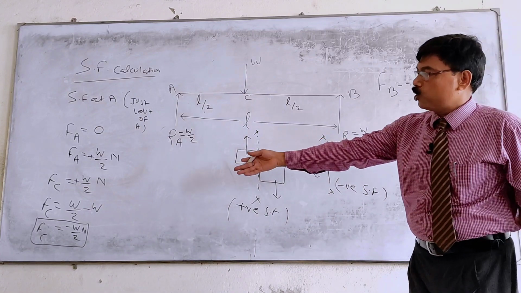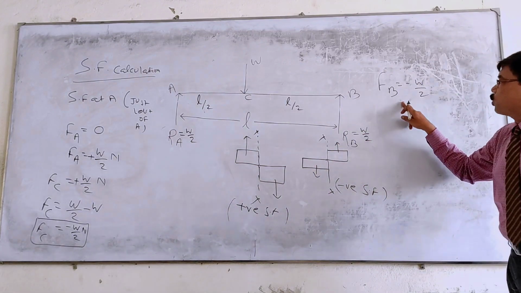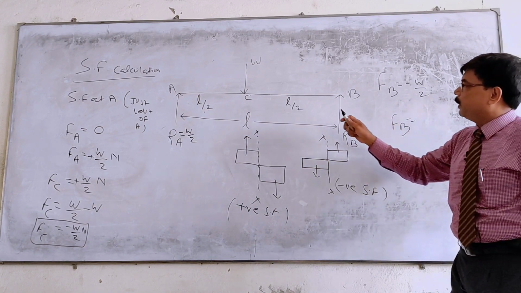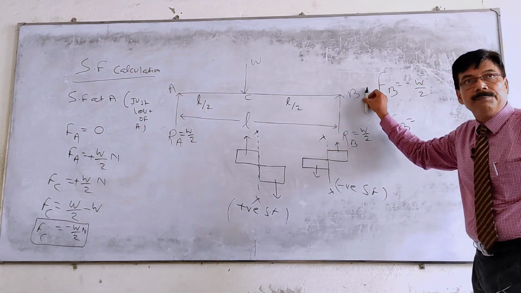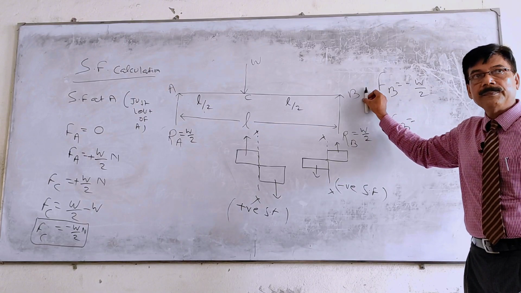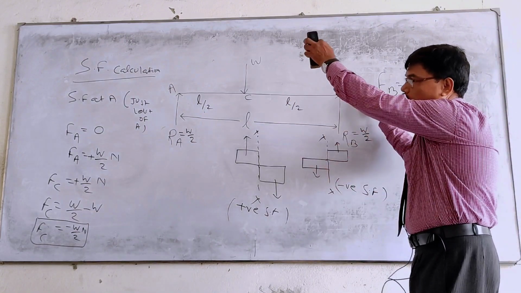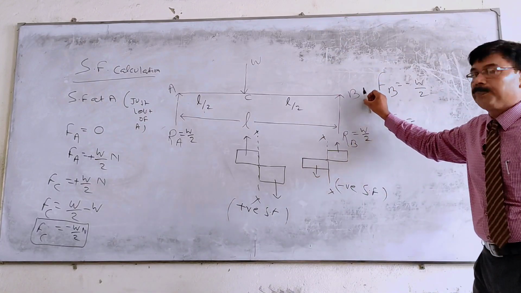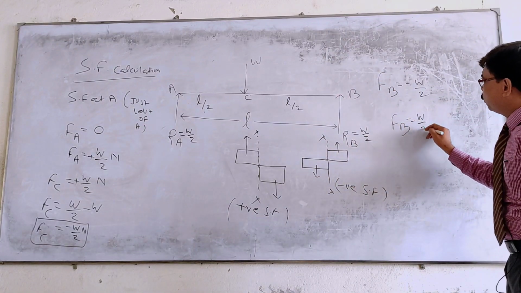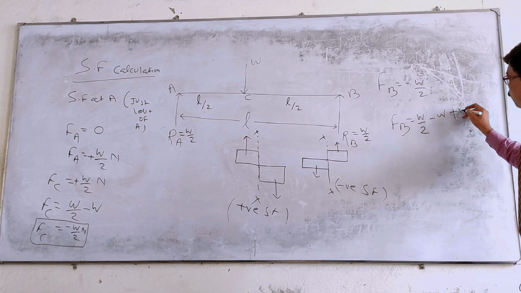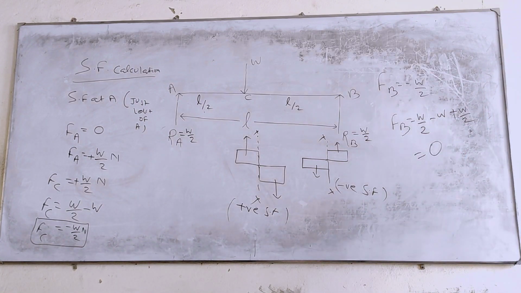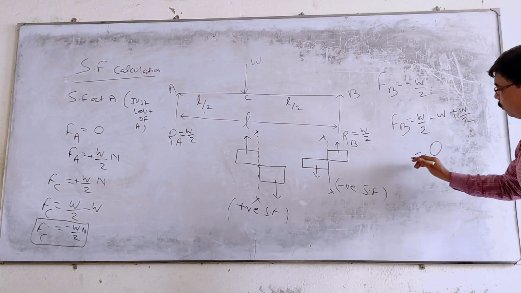Then finally right of B: the section is here. W by 2 upward is positive, W downward is negative, again W by 2 positive. So W by 2 minus W plus W by 2. Finally the shear force right of B is 0.